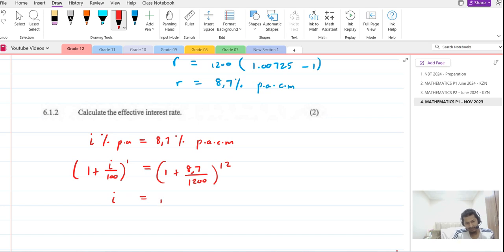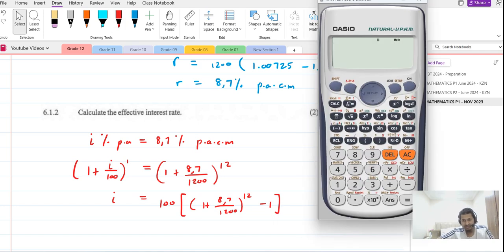So we're going to take 100 into 1 plus 8.7 over 1200 to the power 12 minus 1. Okay, so we're subtracting 1, then multiplying by 100. Let's put this into the calculator, 1 plus 8.7 over 1200 to the power 12 minus, okay, so minus 1, you need to put it in brackets.